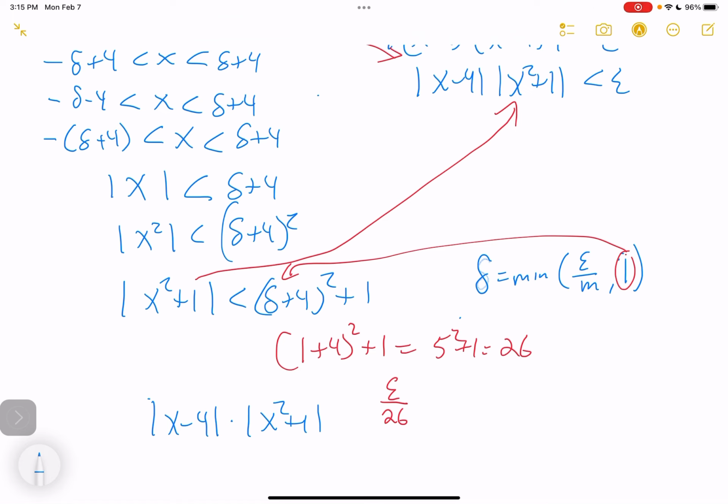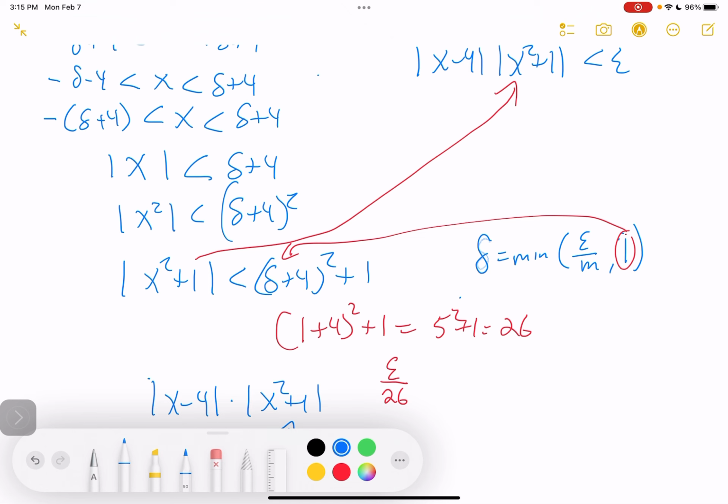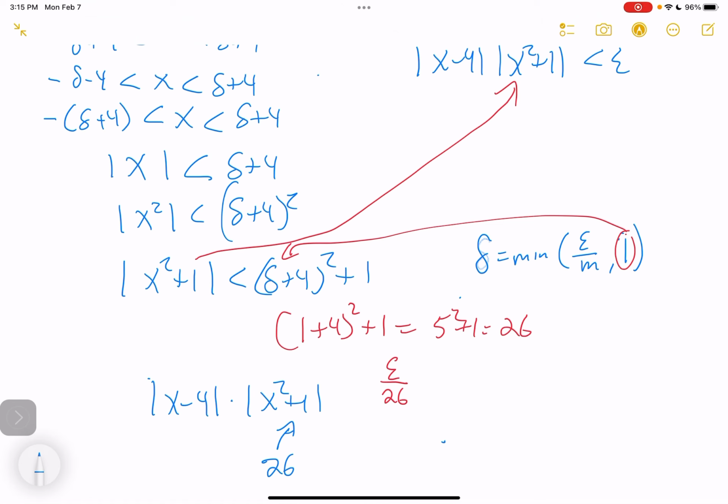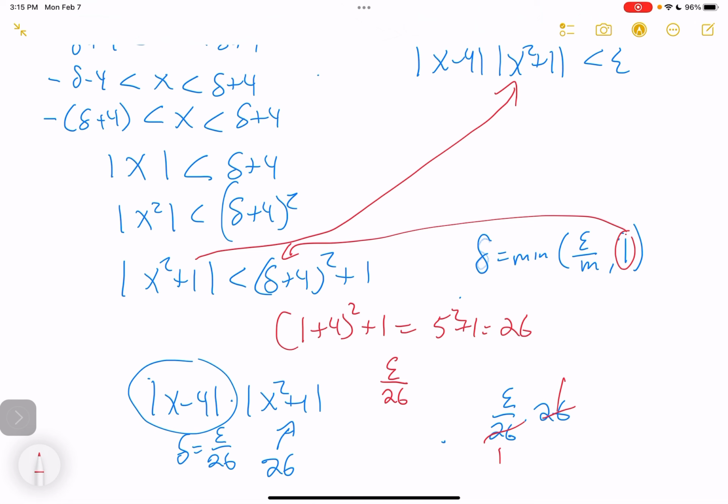The idea is if we were to consider the x squared plus 1 part to be 26, then our delta, which this part is referenced to be more like the delta, would need to be epsilon over 26, so that epsilon over 26 times 26 would divide out and result in just the epsilon.